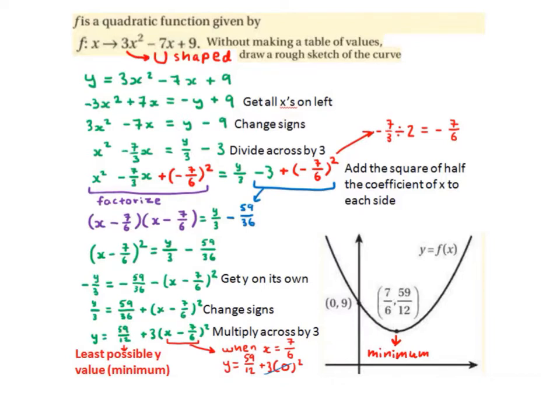And our y value will always be this number here. So 59 over 12 is our y value. And since we're asked to draw a rough sketch of the curve, all we need to know is our minimum point. Or if this had been a minus 3x squared or a minus x squared, it would actually be the maximum point of our graph and our y-intercept.